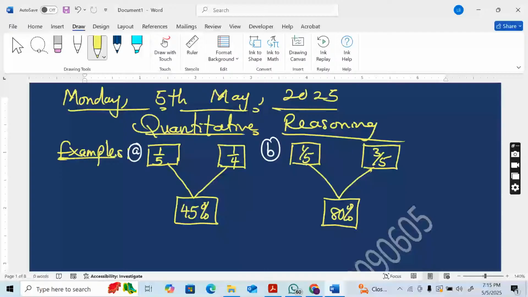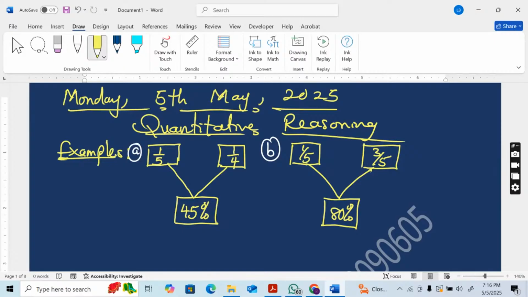Now we want to figure out the numbers that are in example A. We will also have to figure out the numbers that are in example B. I don't know if you have an idea of what was done. If you have an idea of what was done, simply tell us how we can get 45% in the chat.